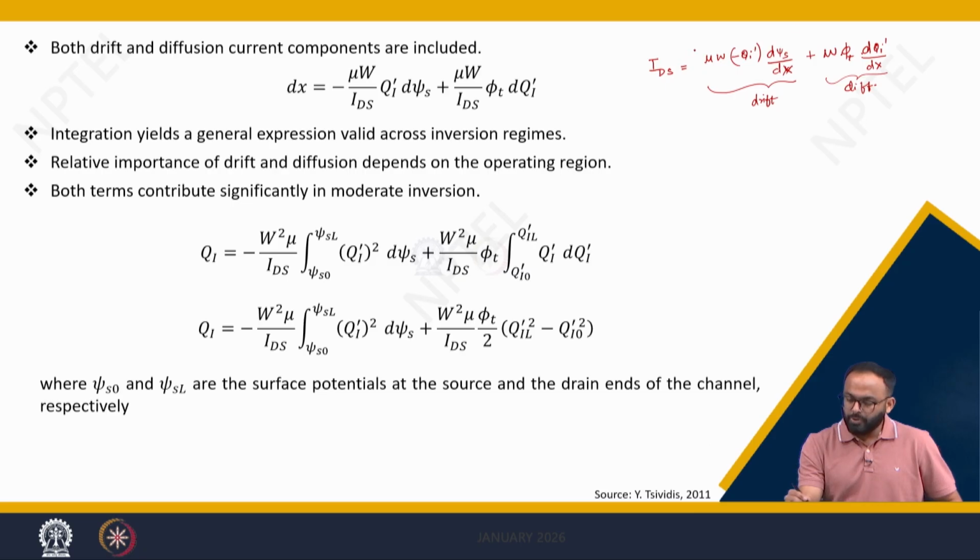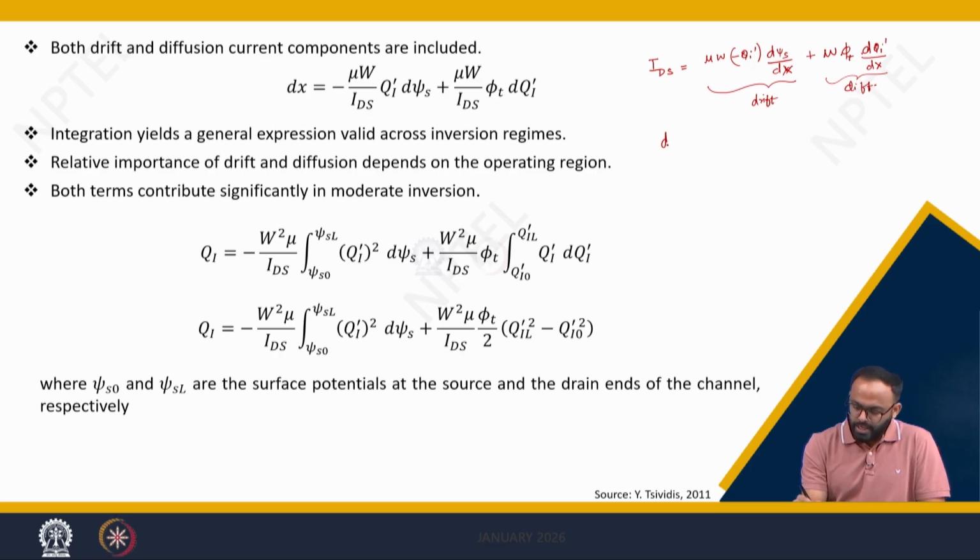So we need to use both the equations because we are solving for all regions, not separately for strong or weak inversion. Now here again we need to do the same exercise because we do not know how the charge varies with x. So we'll change the variable.